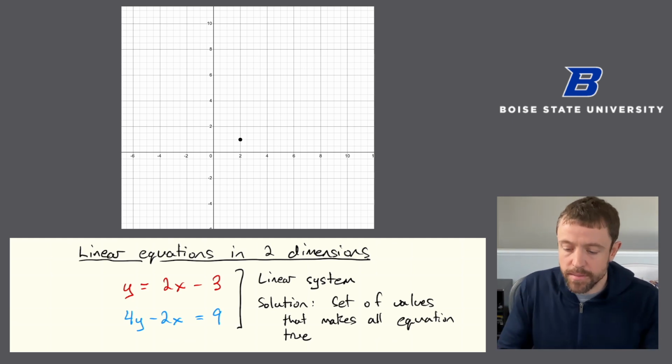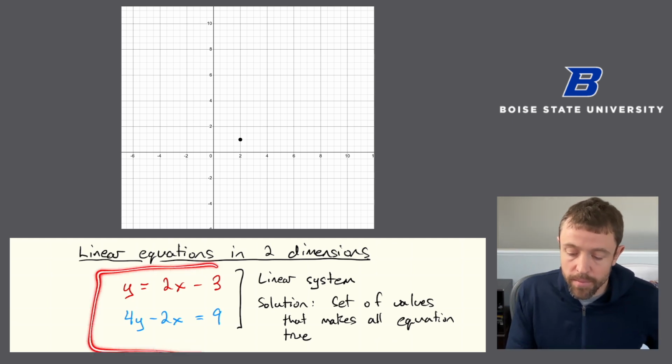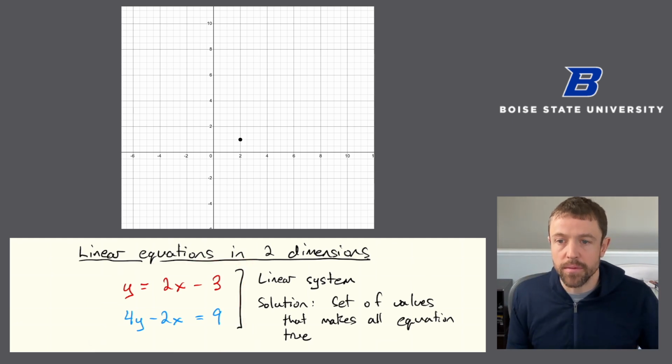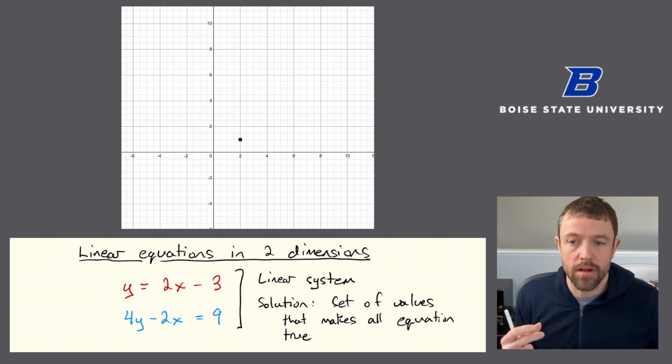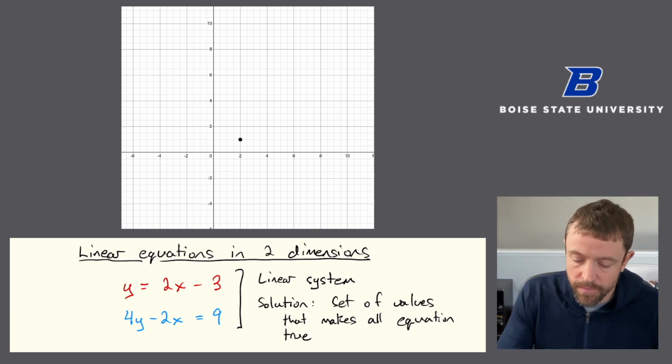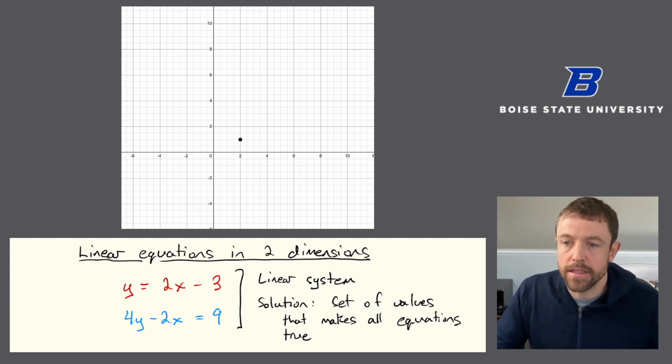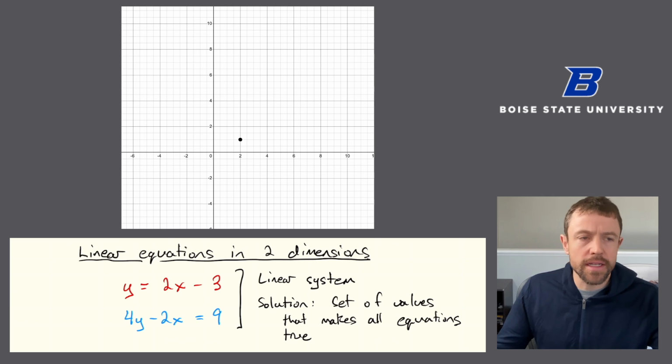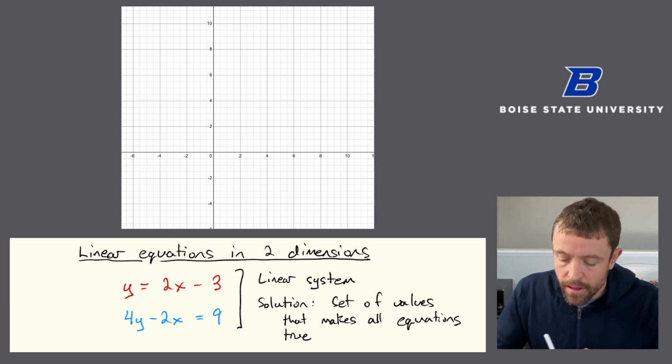So a linear system consists of not necessarily just one, but potentially more than one linear equations. And a solution is a set of values that makes all of the equations true.